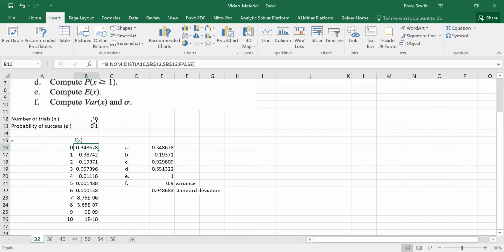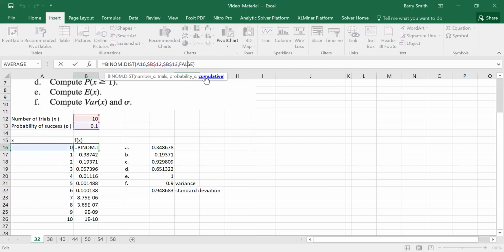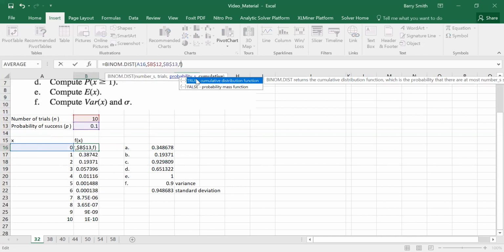B12 is going to be our n. B13 is going to be our probability. And then we want false. That's where it's going to be cumulative or not. If we type it in here, you can see it's either false or true. And we want false because we want the probability mass function.